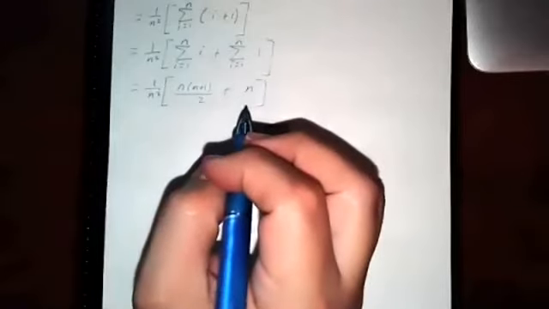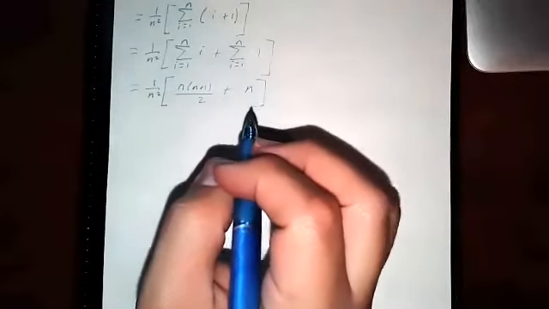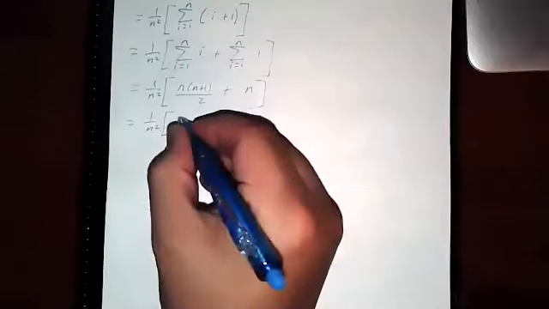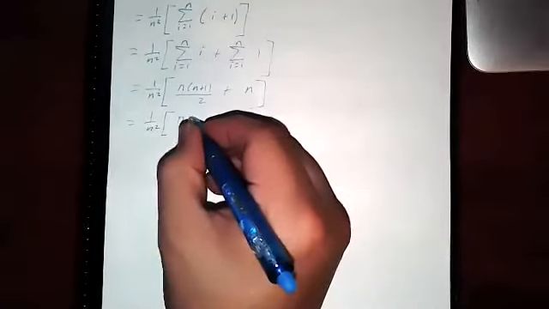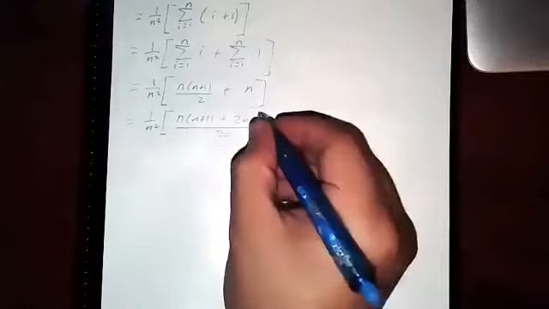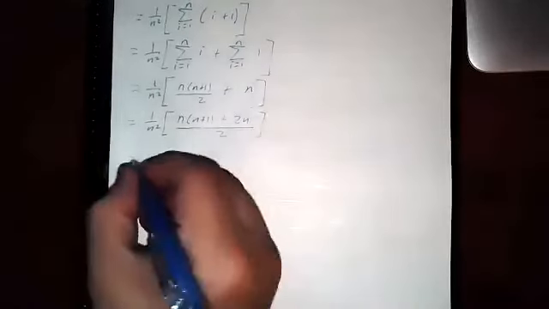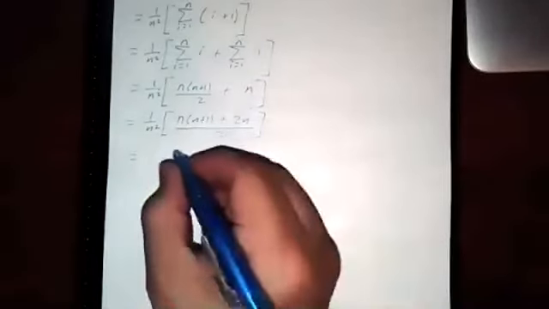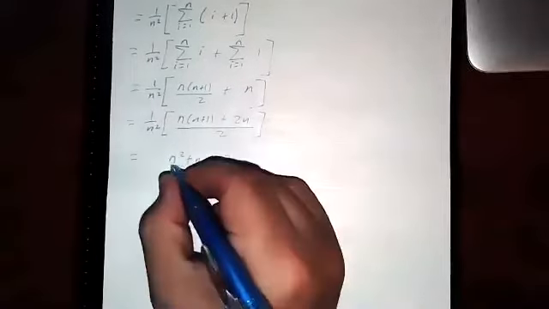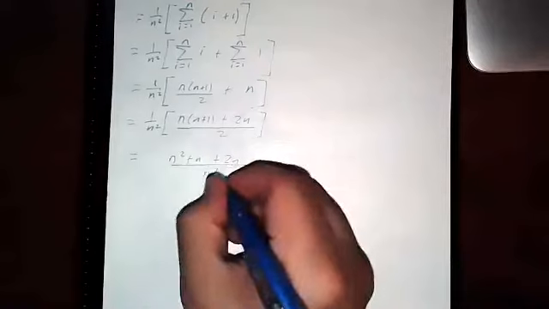We can also add these up, right? This is the same as n times (n plus 1) plus 2n over 2, which will then become n squared plus n plus 2n over n squared.